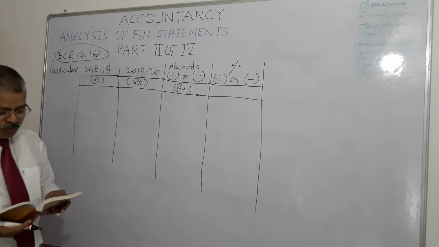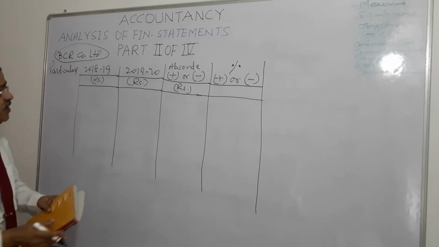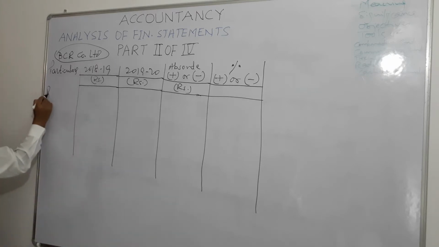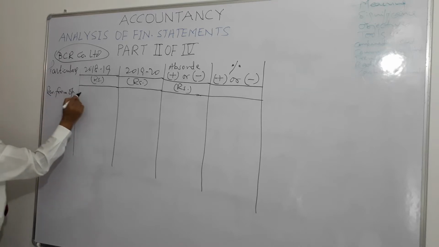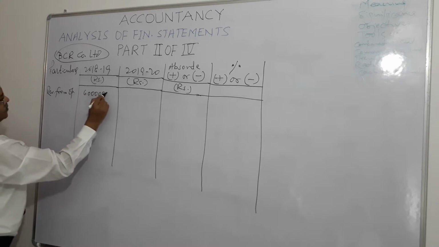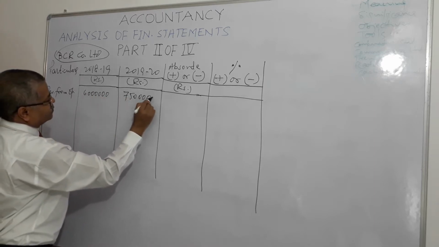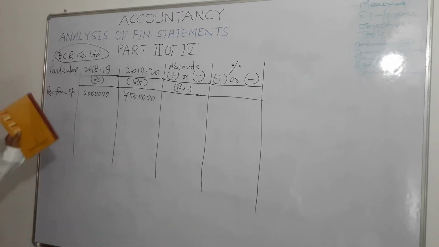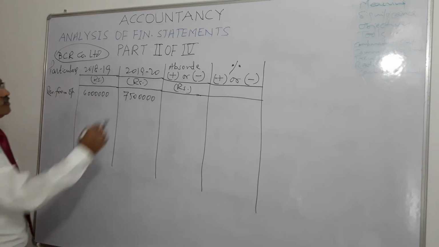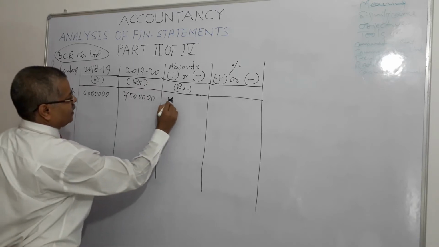So revenue from operations was 60 lakhs, it became 75 lakhs, right? So what is the absolute plus or minus? 15 lakhs.